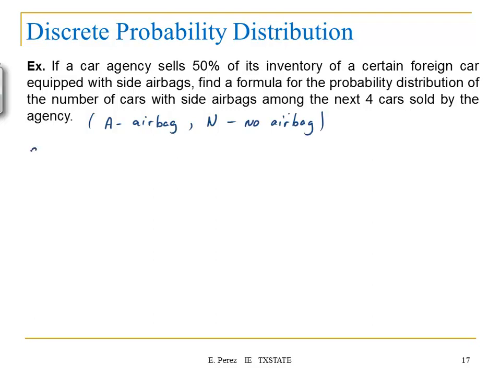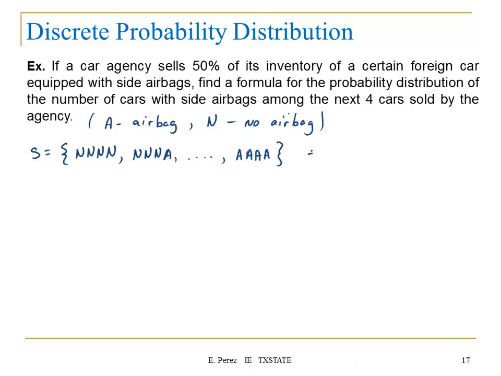So we can start our sample space saying that none of them have airbags, one of them has airbags, and so on until you get to all of them having airbags.